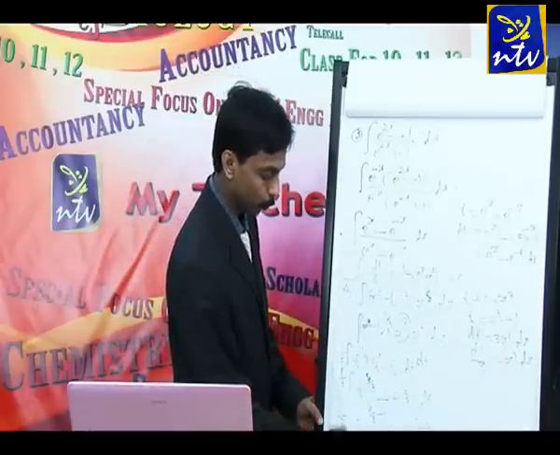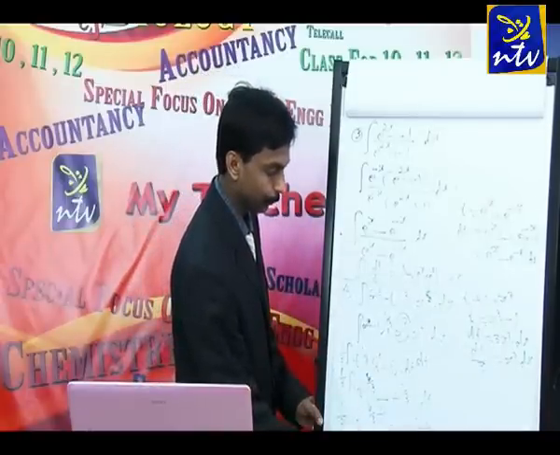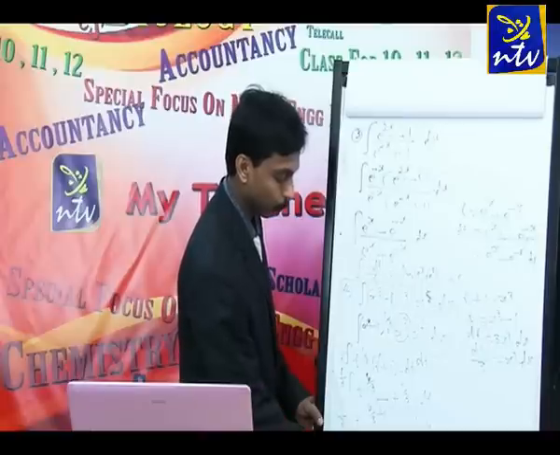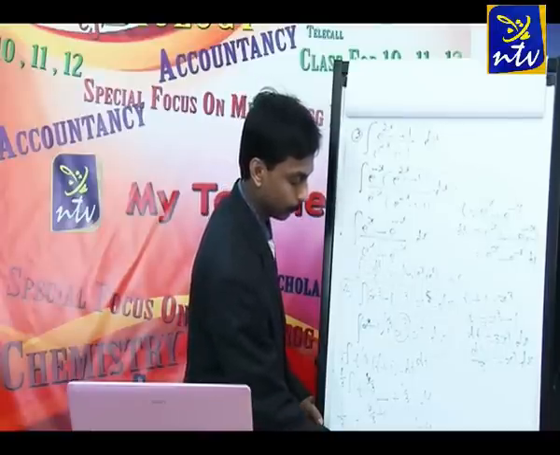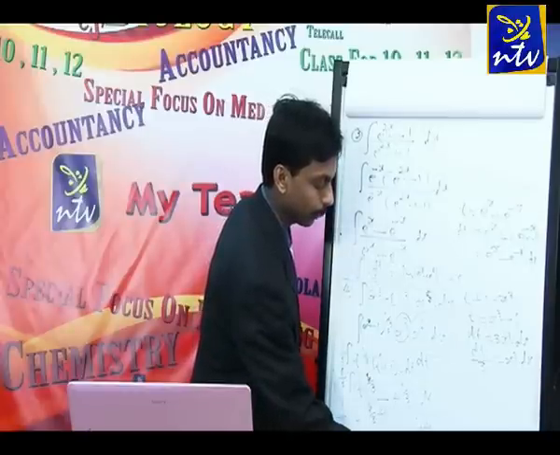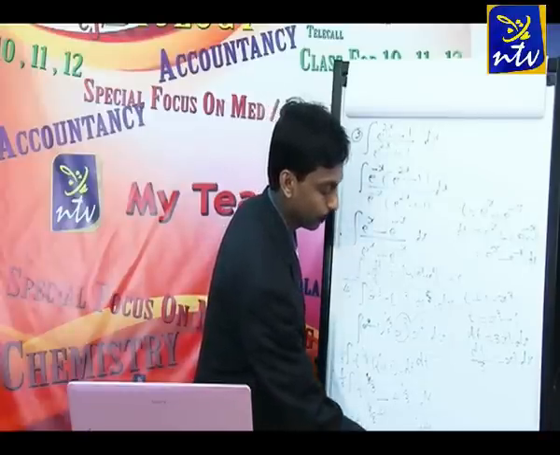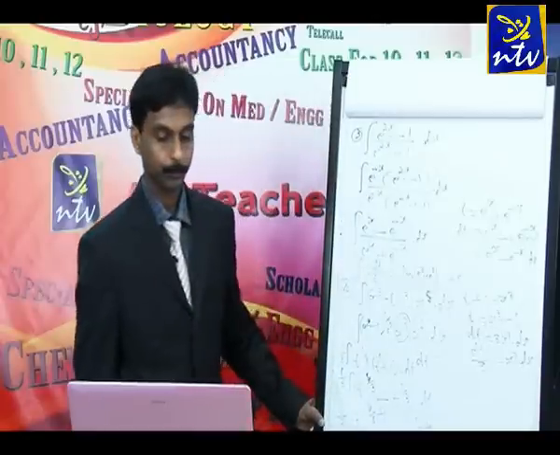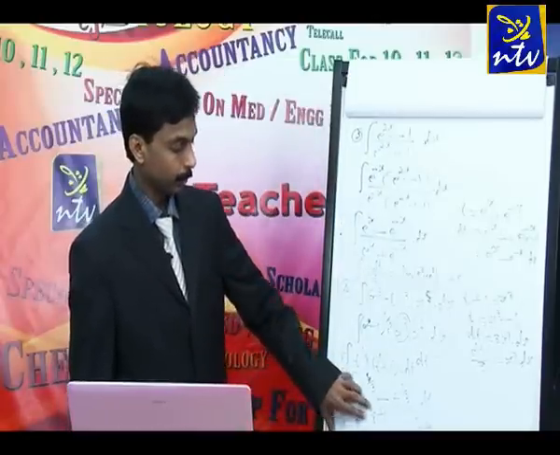So you can substitute x cube minus 1 whole raised to 7/3 whole by 7/3, plus x cube minus 1 whole raised to 4/3 divided by 4/3, plus c.